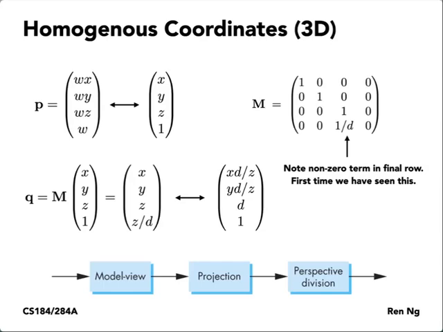Okay. And so one way to think about it is that last time we had a way to model the world and view the world. That's often stuck together, sometimes when we want to refer to it as sort of the model view part of a pipeline of transforms that we're going to consider. Things like a dinosaur in object coordinates relative to its own center, modeled beautifully there, then modeled into the 3D world, maybe instanced in multiple 3D locations with multiple transforms, and then a camera viewing those from a particular perspective.